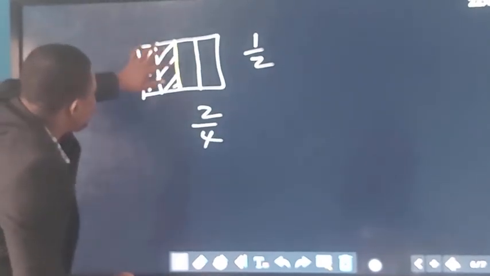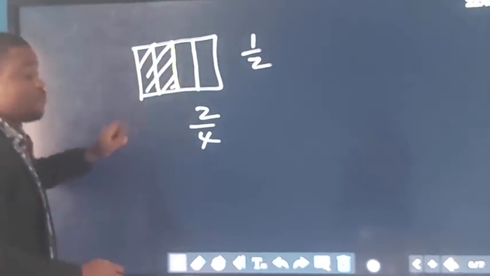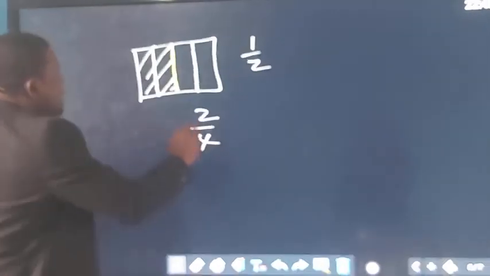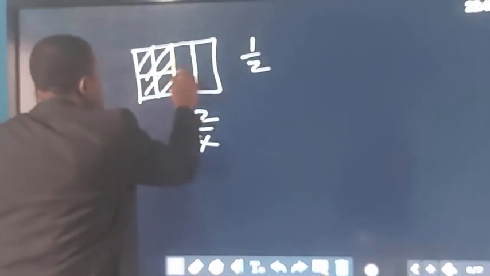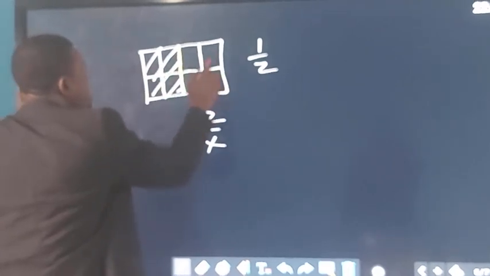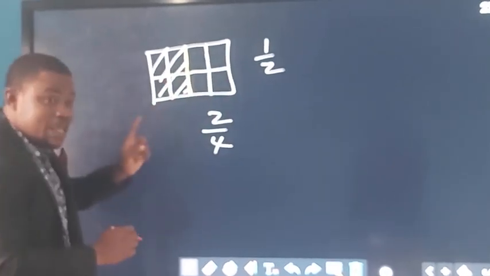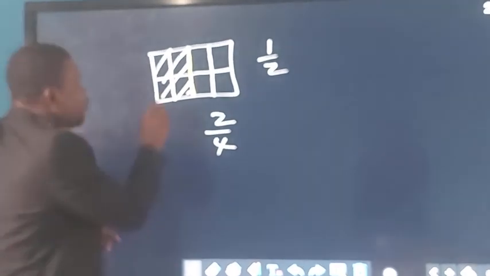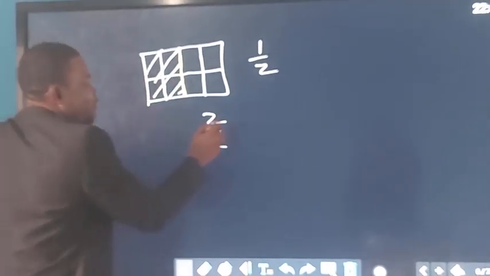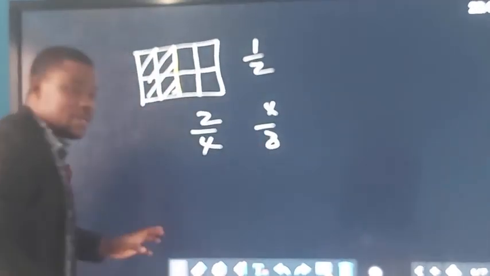That is 1, 2, 3, 4. I've taken 2 parts. Before it was 1 over 2. If I decide now to divide it into 8 parts, count it: 1, 2, 3, 4, 5, 6, 7, 8. The same part that was 1 over 2 becomes 4 over 8. I get what I'm saying?